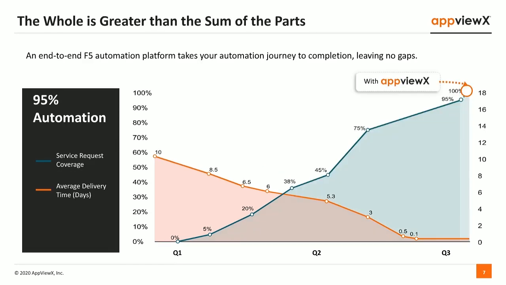Now, what AppViewX does is sort of bend the curve. This is a real customer value, by the way, right? We have abstracted some of the proprietary details, but this is what a customer has done to implement. It's a large customer who has hundreds, I think they have 500 load balancers, whatnot. They have fully automated the whole process, right? The majority of all the requests go through this automated process.